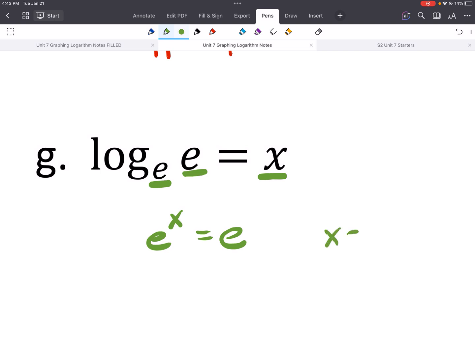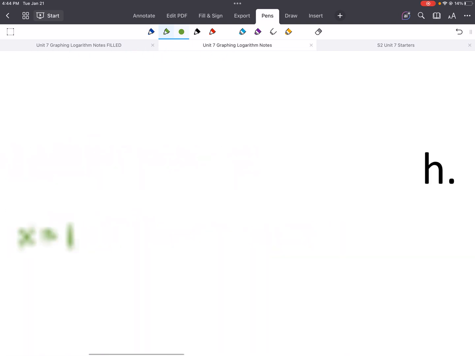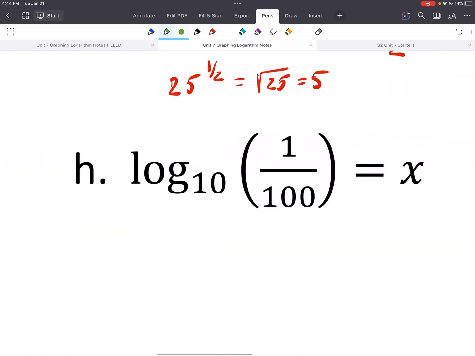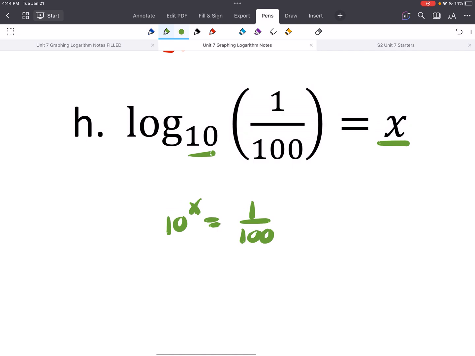So x would have to be 1, right? Because e to the 1 is just e. All right, almost there. 10 to what power is equal to 1/100? I think we've already done this one before. So again, x would have to be -2.